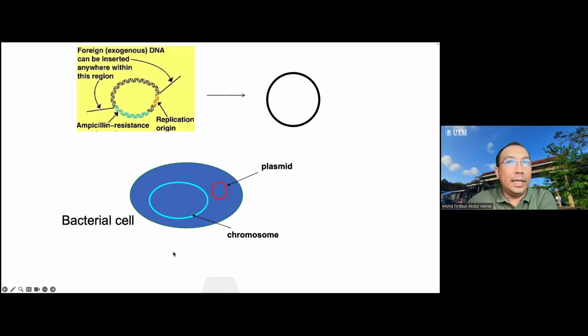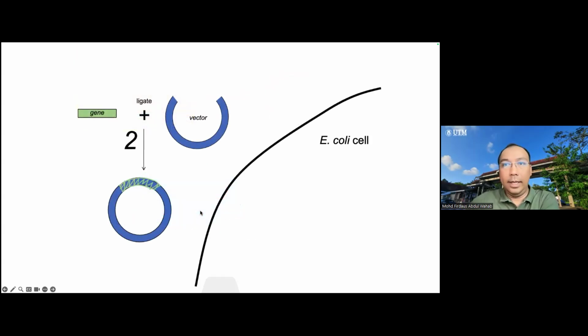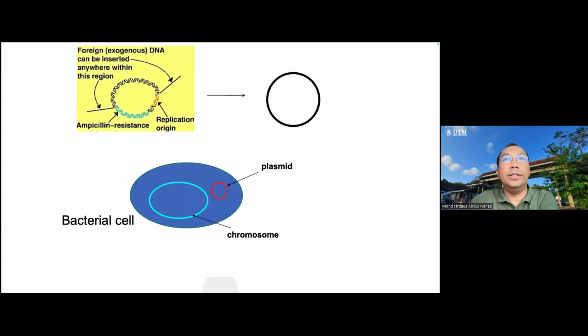And in a bacterial cell, we know that there is a plasmid that exists independently of the chromosome. So the easy cloning experiment would be to insert the gene of interest into the plasmid and transform it into the bacterial cell instead of inserting into the chromosome. But there is a way to insert it into the chromosome if you want. But the easiest, the first studies done is typically using plasmid.